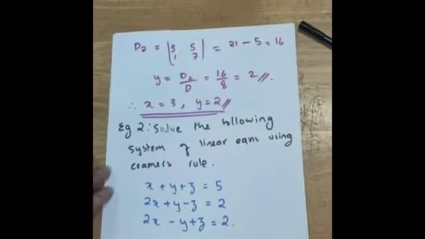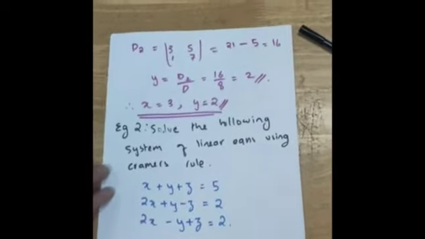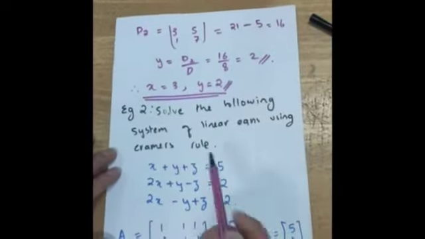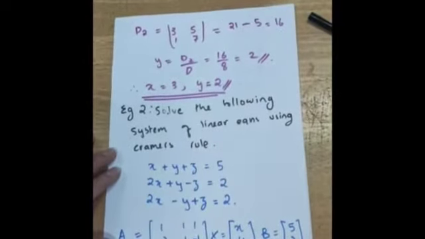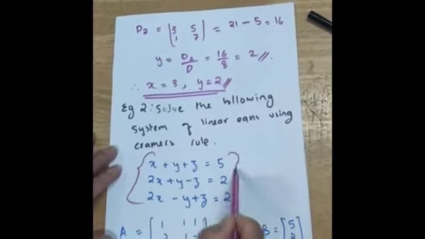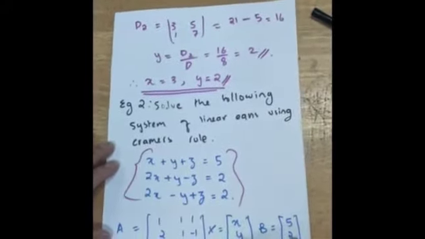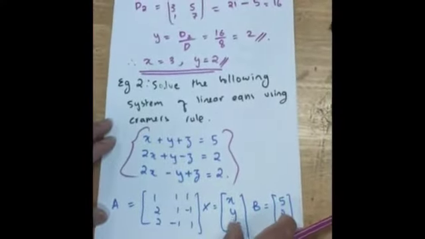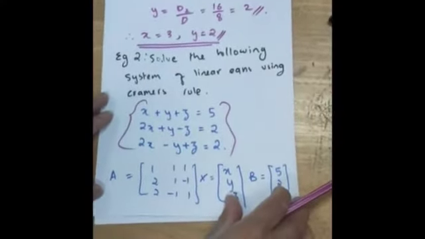Now let us consider the system of 3 linear equations in example 2. Solve the following system of linear equations using Cramer's rule. We are given 3 linear equations, and you are asked to solve using Cramer's rule, or the determinant method.